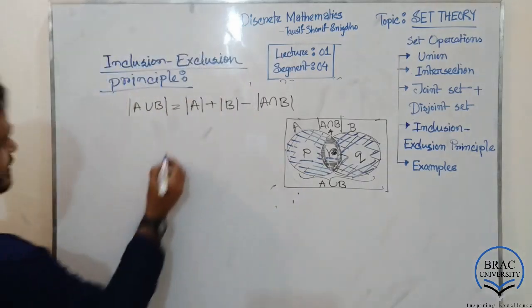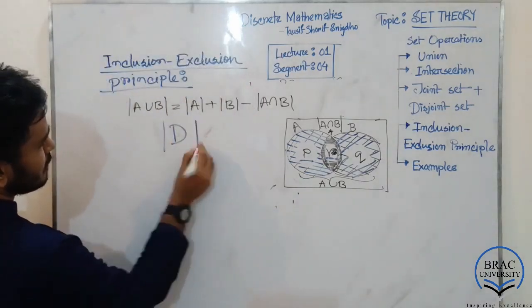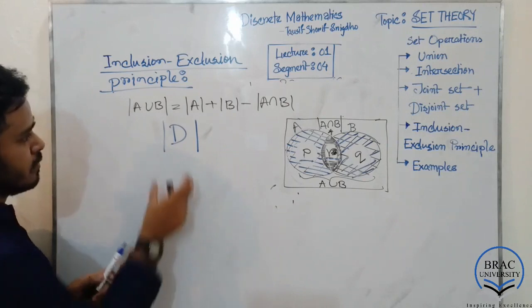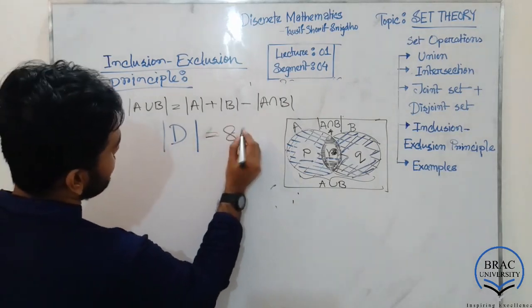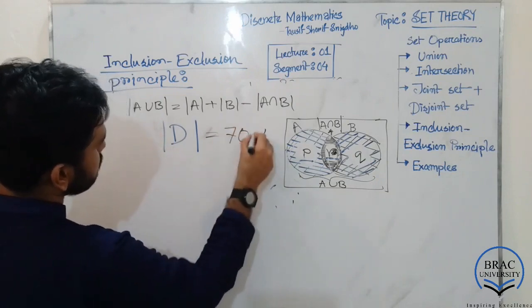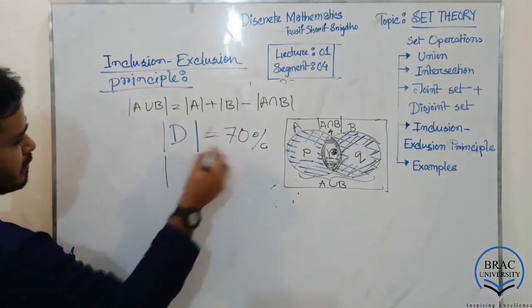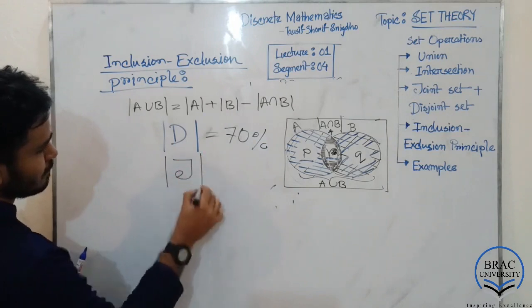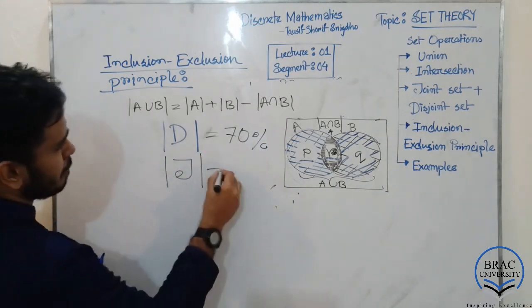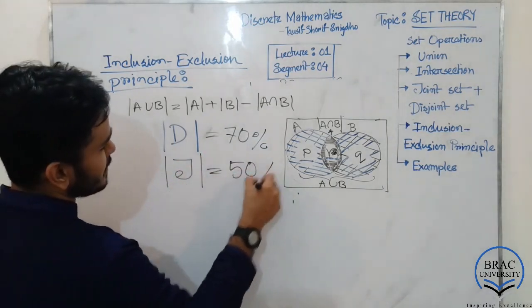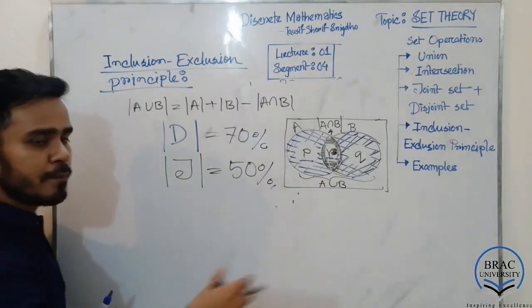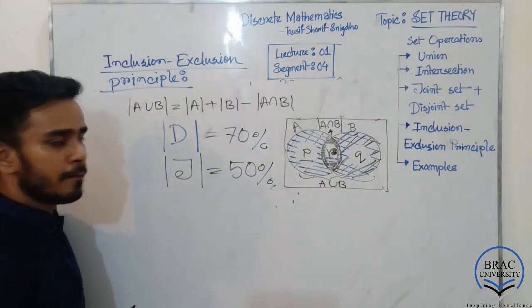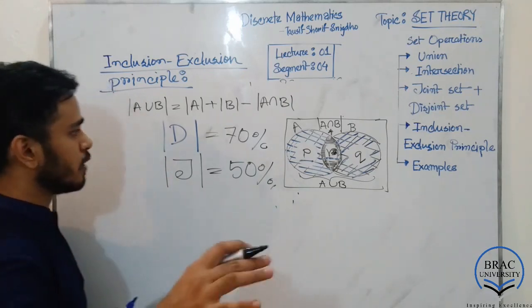So let's see: the cardinality of dalgona coffee makers equals 70% and the cardinality of jalebi-making people is 50%, and it is known that 100% of Brahmanbarian people make either dalgona coffee or jalebi.